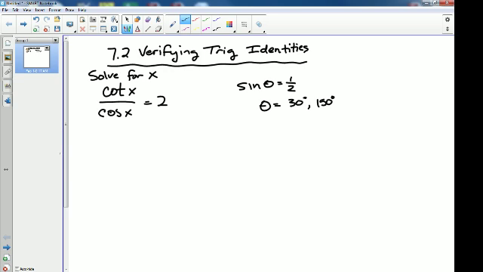So if I have 30 degrees, that means that 150, or 180 minus 30, right? Is also the same value. All right. Now we're going to expand that into some of these others.